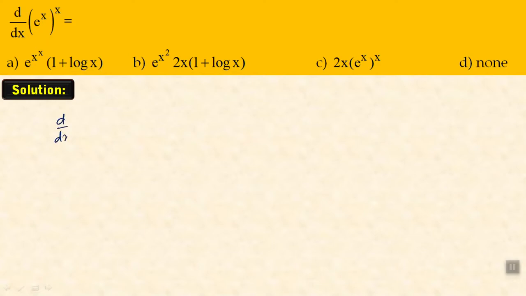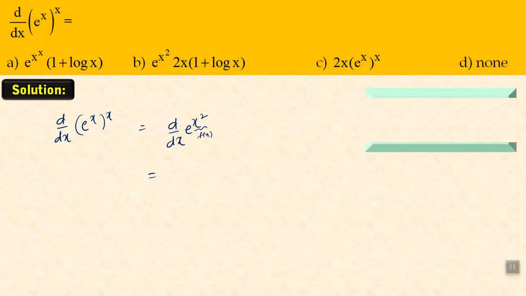D by dx of (e power x) whole power x is equals to d by dx of e power x into x, that is x square, is equals to, here consider x square as f of x. We know that d by dx of e power f of x is equals to e power f of x into d by dx of f of x.